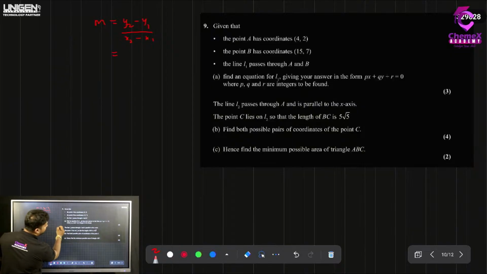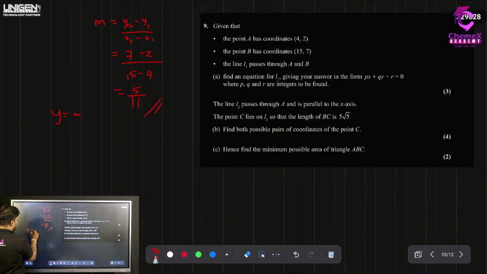So with 4, 2 and 15, 7, I'll write 7 minus 2 divided by 15 minus 4. So that's going to be 5 over what? 11. Okay, so y equals mx plus c.